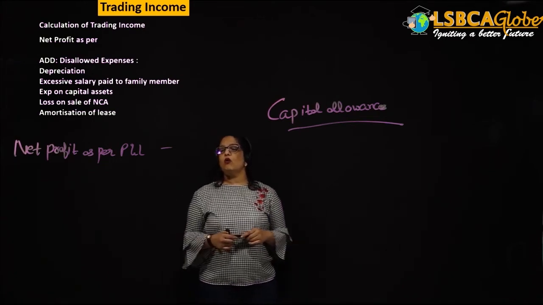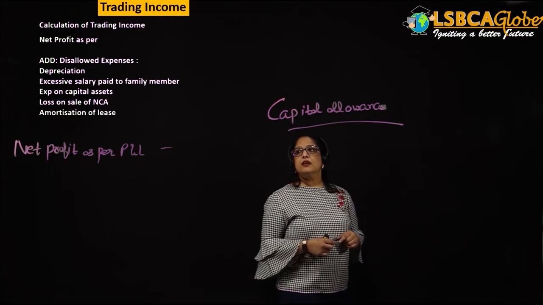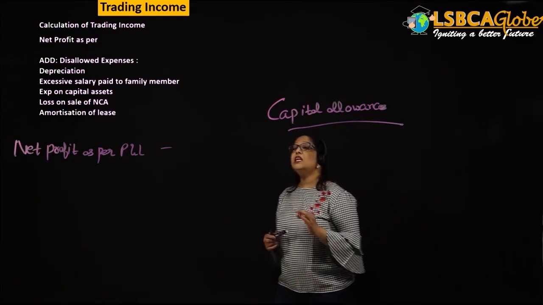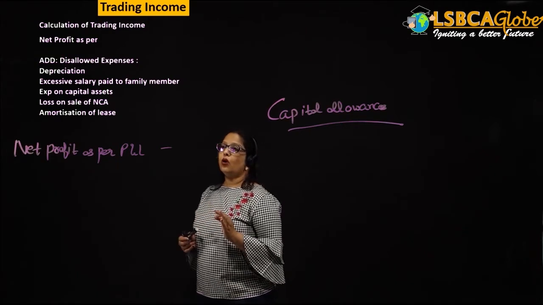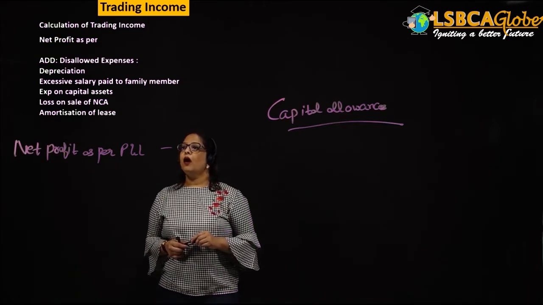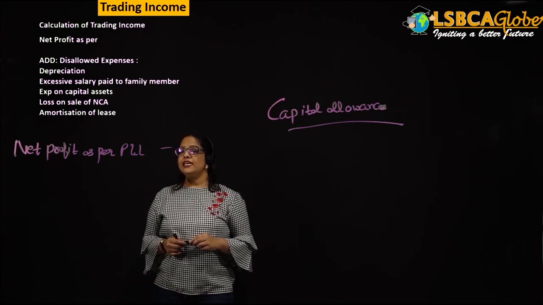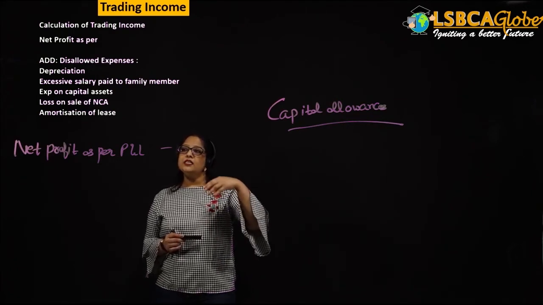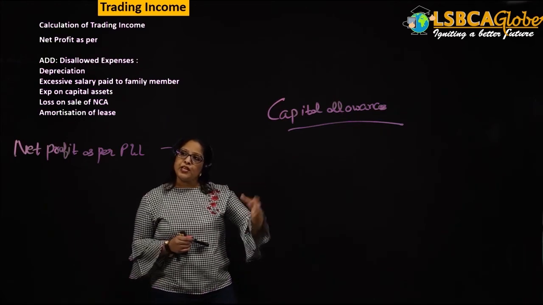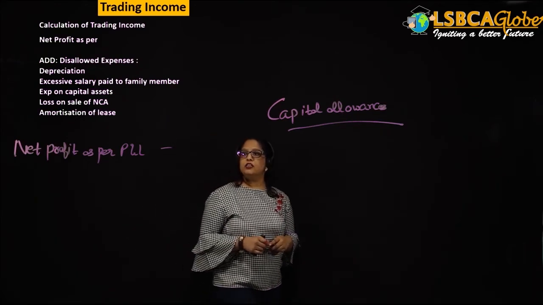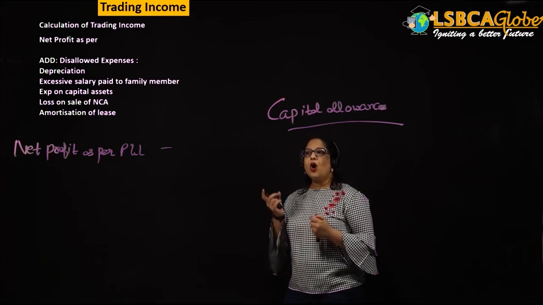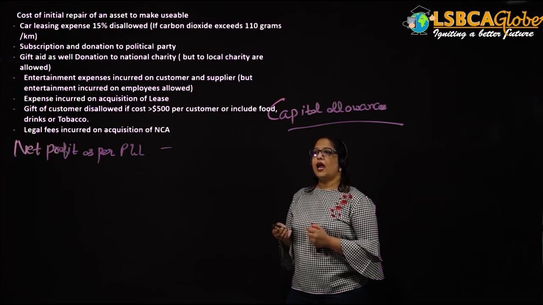Loss on sale of non-current assets: it's a capital loss, again not revenue in nature. Amortization of lease is not allowed. HMRC does not allow depreciation or amortization. Depreciation is there, I will add it back. Amortization is there, I will add it back.